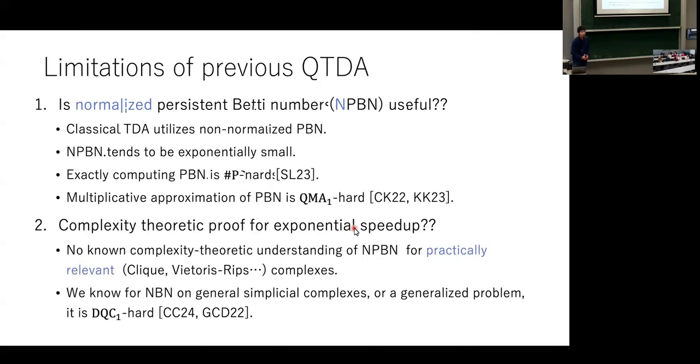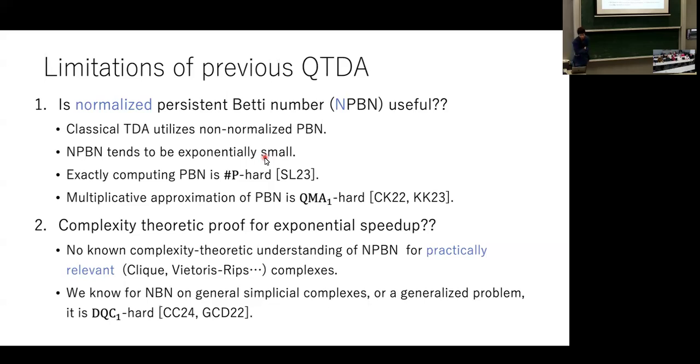I remember you estimated up to plus 1/poly n. Yes. So if it's exponentially small, then it does not make sense. Of course, there are some simplicial complexes with exponentially large Betti numbers, so it makes sense for such complexes, but the quantity tends to be small in many cases.